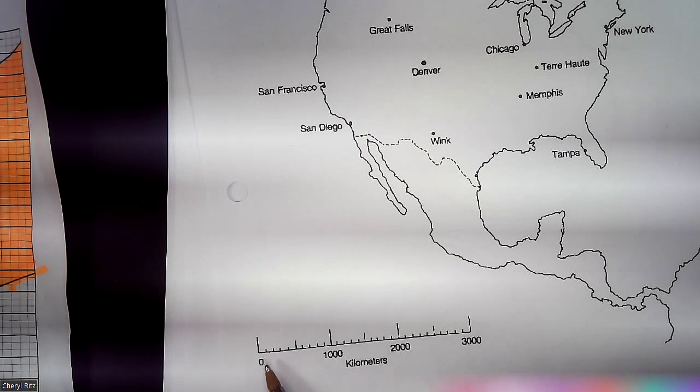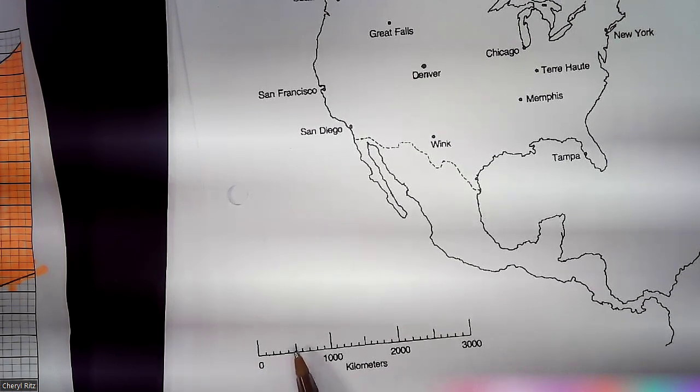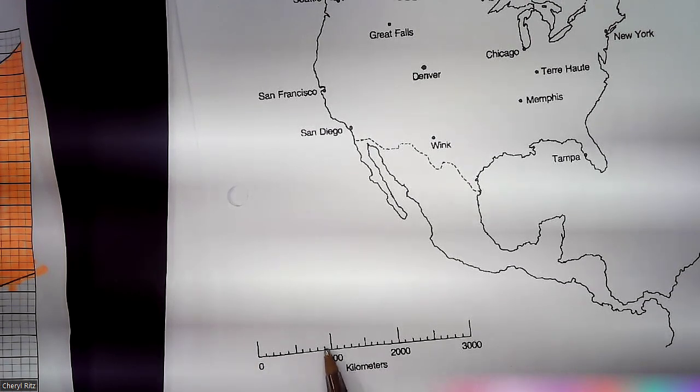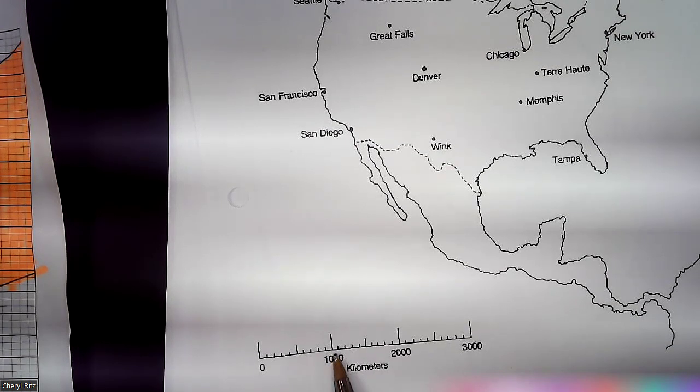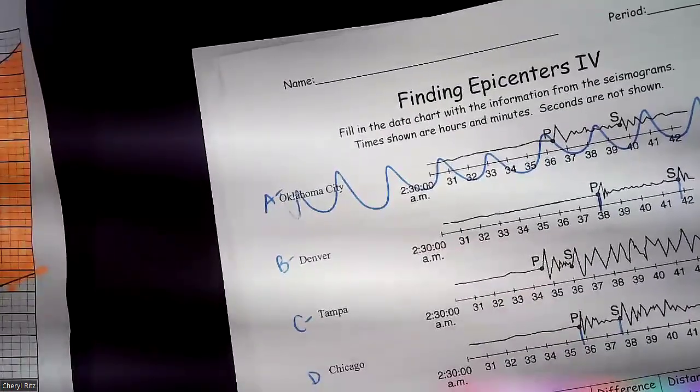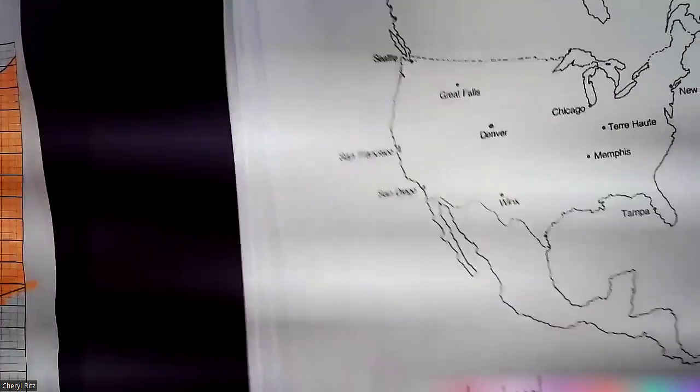This one, the lines go up by 100: 0, 100, 200, 300, 400, 500, 600, 700, 800, 900, 1,000. Sometimes they'll go up by 200. Sometimes they'll go up by 50. So before you ever start measuring, double check the scale. Just like on a graph, the first thing I always want you to do is look at the scale.